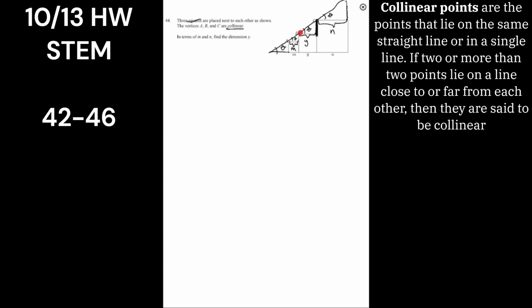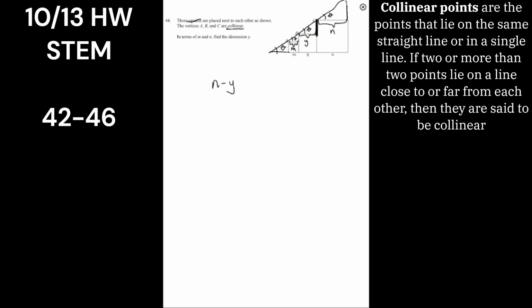Because then, if we know this angle, which we also need to find, now that I think about it, do we need that angle? Maybe we'll try with the angle. So to find that, that's just n minus y. So this line is just n minus y.